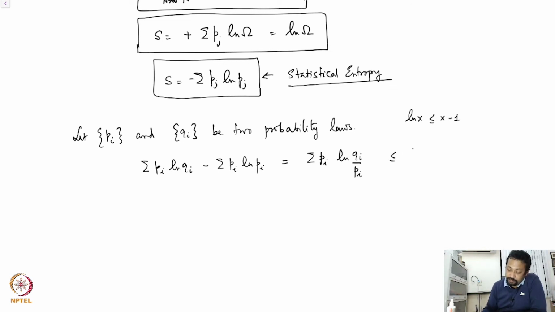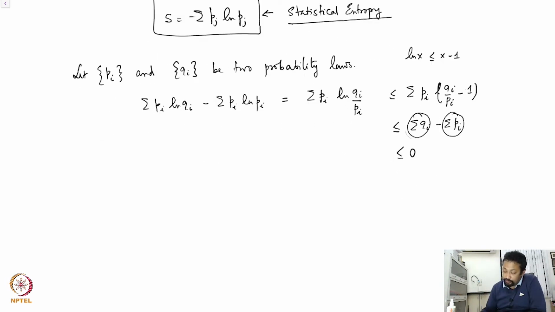Therefore this sum is less than or equal to sum over pi times qi over pi minus 1, which is sum over qi minus sum over pi. But pi and qi are two probability laws, so they must satisfy normalization. Therefore both the sums are 1, so that this is less than or equal to 0.